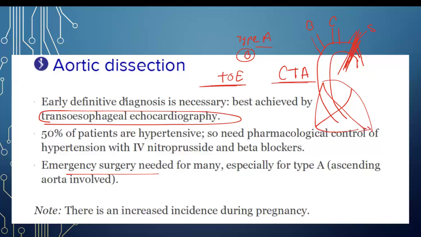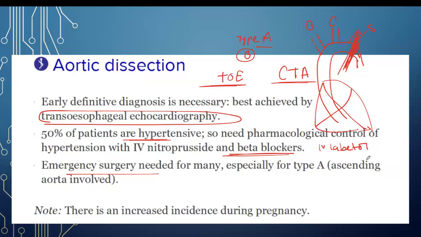But for type B, your main management will be first controlling the blood pressure, because 50% of patients with type B dissection will be very hypertensive. So ideally, you give an IV beta blocker, which is IV labetalol.